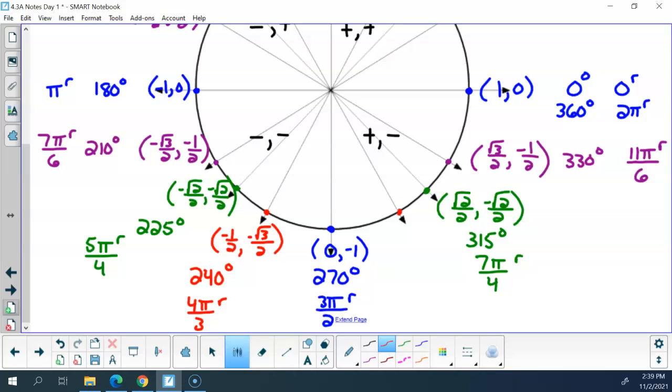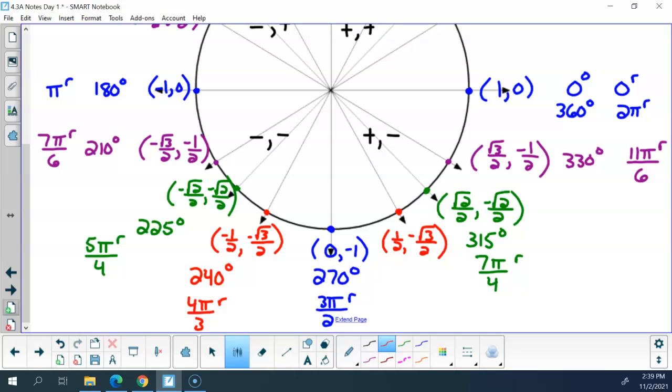Last one. 1/2, comma, negative square root of 3/2. Degrees, 300.